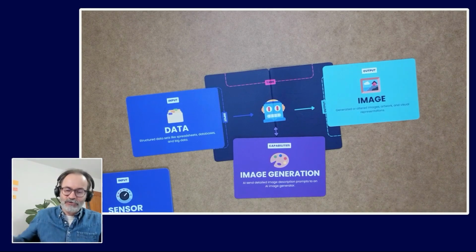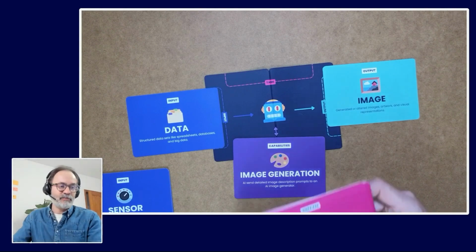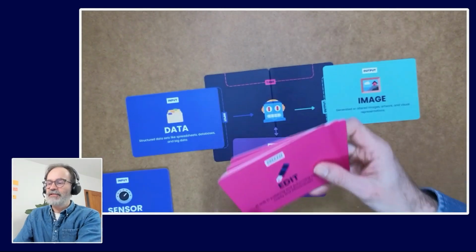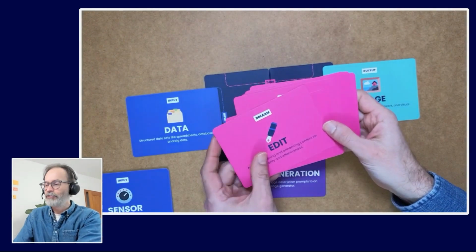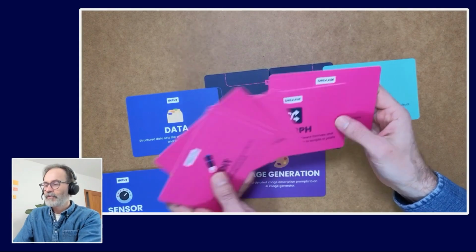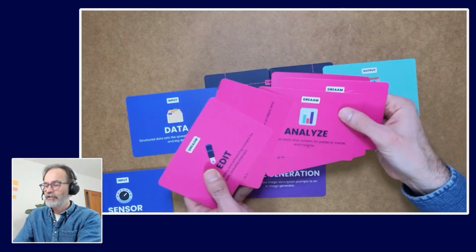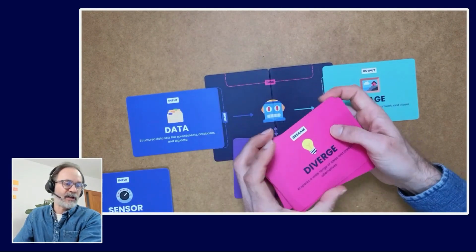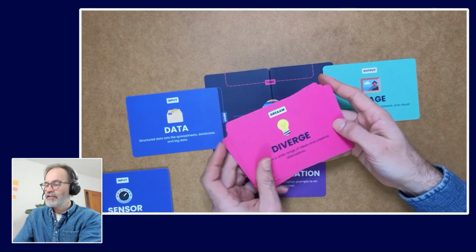I don't know if you've read about my DREAM framework, which are for me the typical six use cases where AI is really good. For example, D is for diverge. AI is really good at brainstorming seeds of ideas. The R is for reflect.